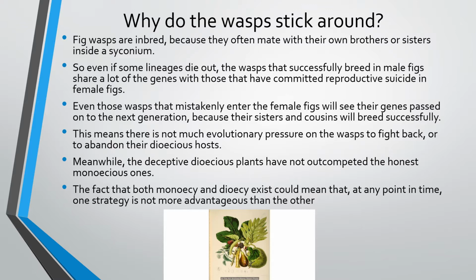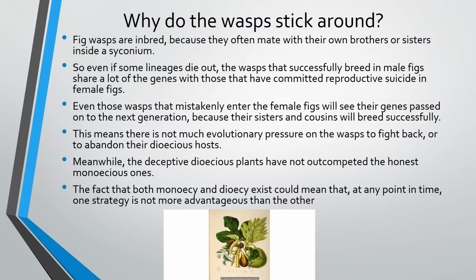One specific wasp may lose her genes, but overall, since they're so closely related to begin with, she's still carrying on her line because they're so closely related from birth because of inbreeding. This means there's not much evolutionary pressure on the wasp to fight back or abandon the dioecious host.